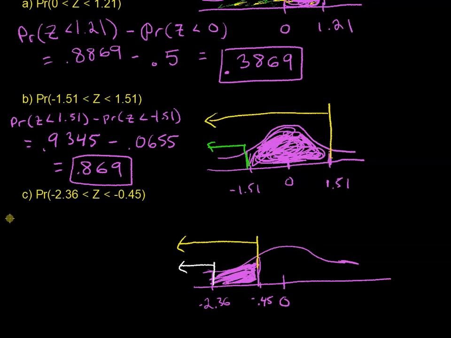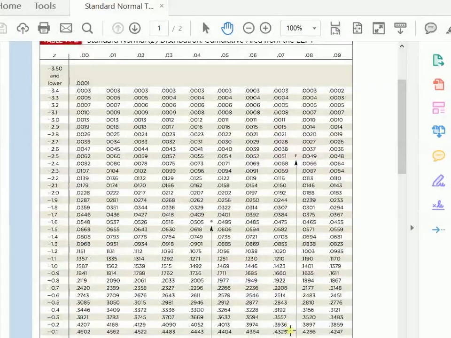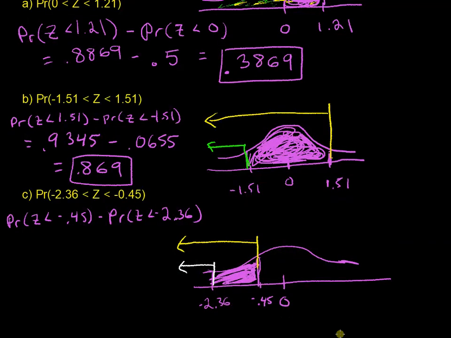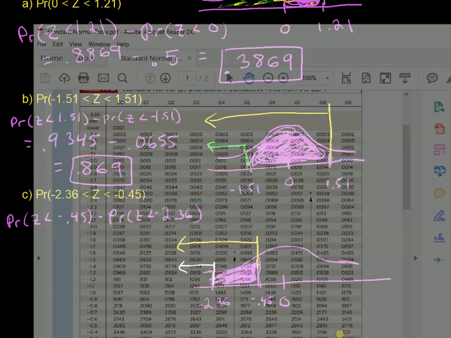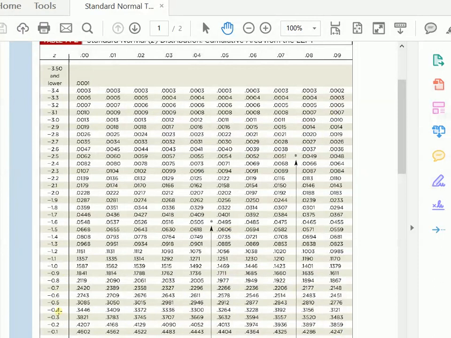All right, so let's go ahead and write that down first. I'm going to take the probability that z is less than negative 0.45, subtract off the probability that z is less than negative 2.36. All right, so let's look up both these in the table. Negative 0.45. Here's 4, and then I go over to where 5 is.